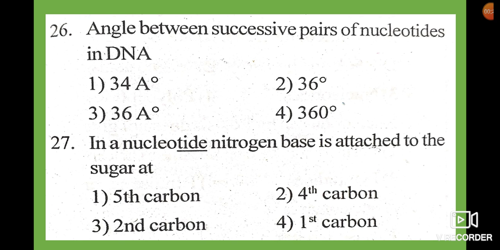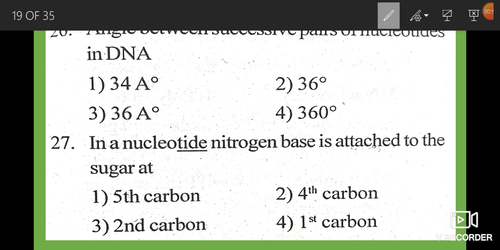In our previous video, we completed up to the 25th question. The next question is 26. Angle between successive pairs of nucleotides in the structure of DNA. The right option is 36 degrees.